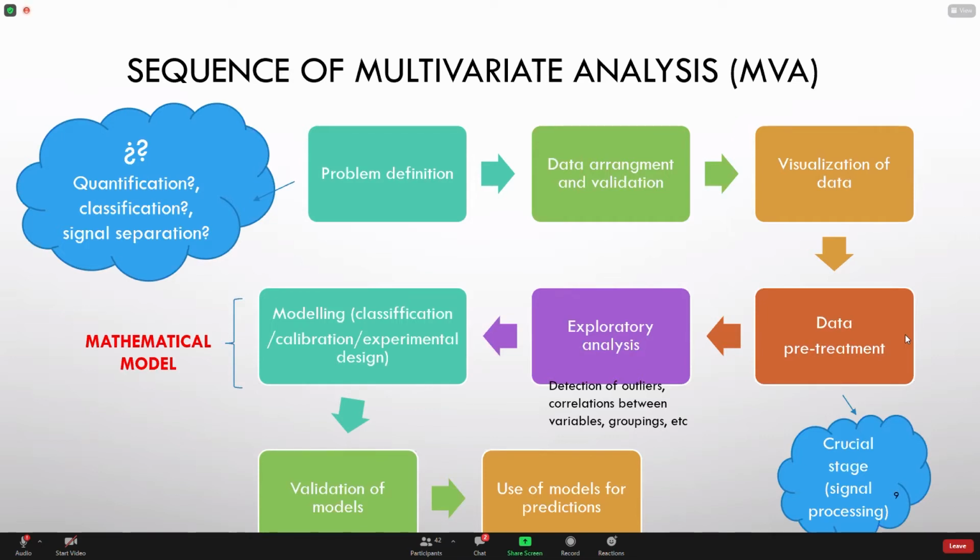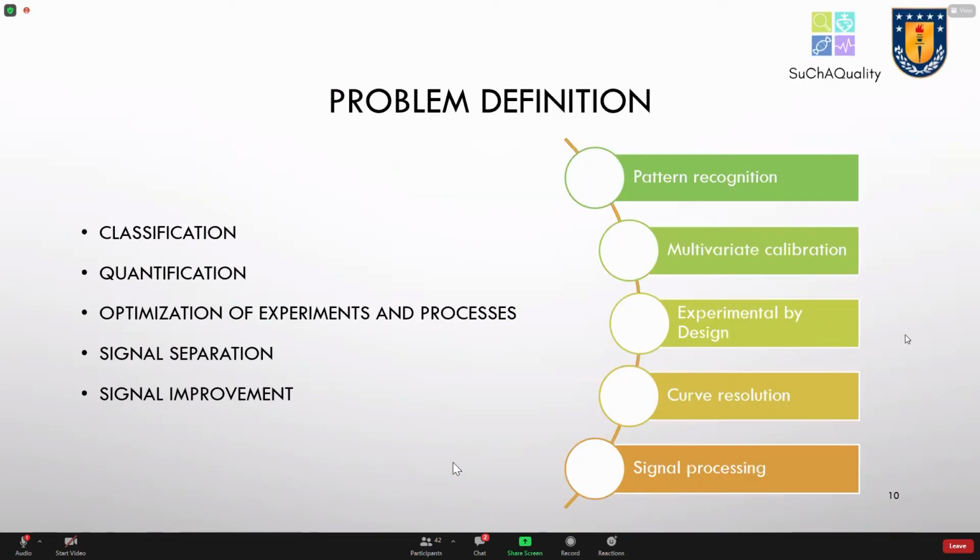In cases of classification and calibration, we will have a mathematical model with the ability to predict the class or the concentration, for example, of a future sample. But this mathematical model must be validated first, which is imperative before using the model for the prediction of future samples.